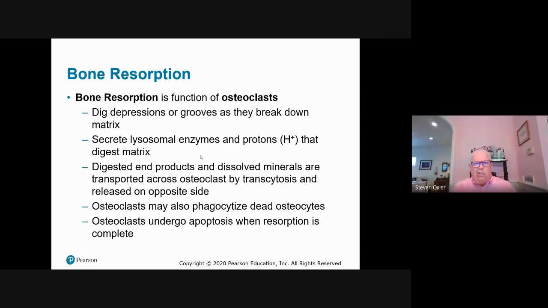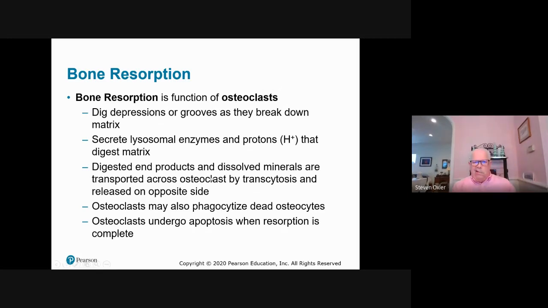So that's important. What if you break a bone? If you break a bone, the fragments of those bones are reabsorbed by osteoclasts. Remember, these things break down bone. Okay?